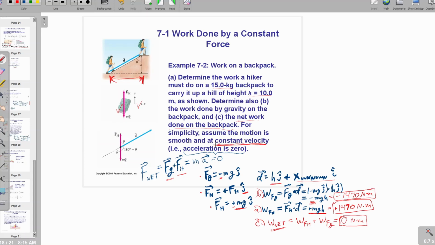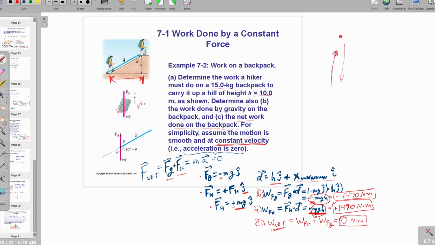So now that we've done this, let's just talk about this factor here, this mgh that shows up here, this minus mgh that shows up here, and let's relate this to chapter 8. Now, you might remember from Dr. Olson's lectures on chapter 7, he did an example where a ball was thrown up in the air and one was dropped from a height h, and this factor of mgh showed up in that exact same problem.